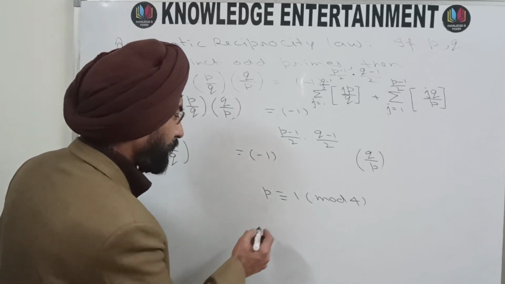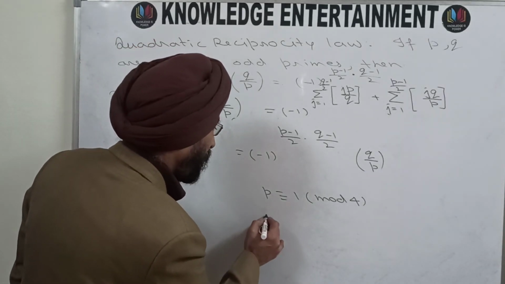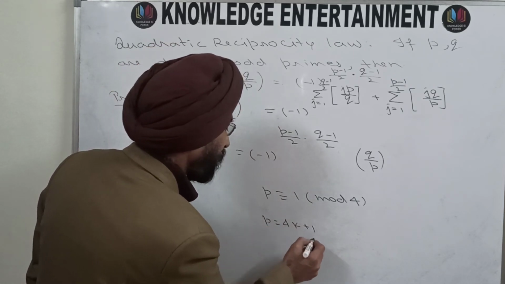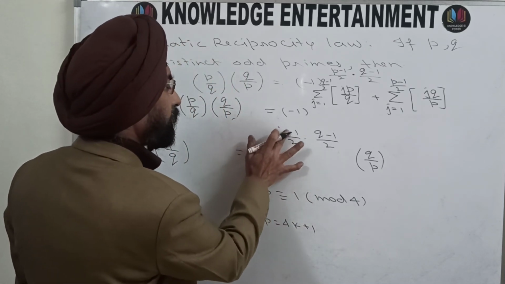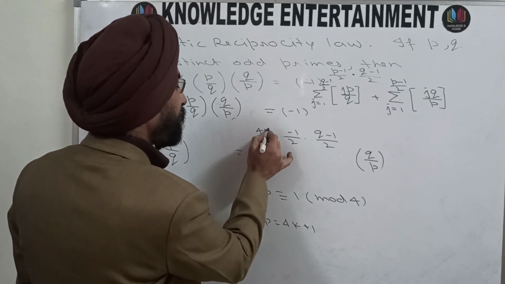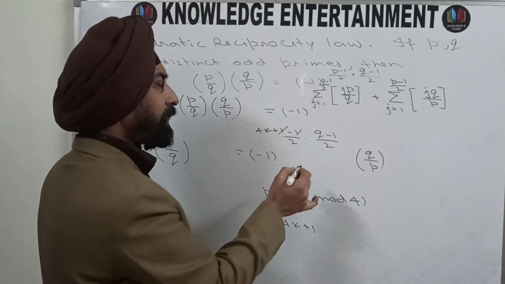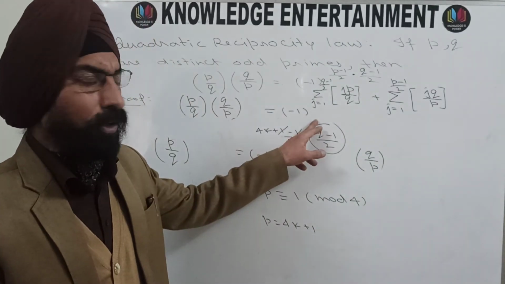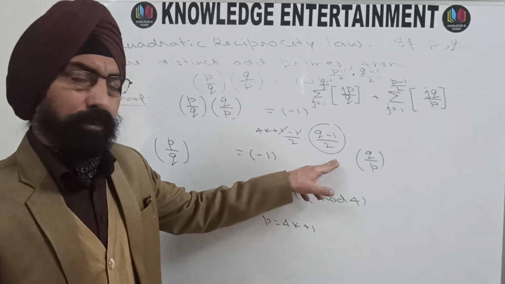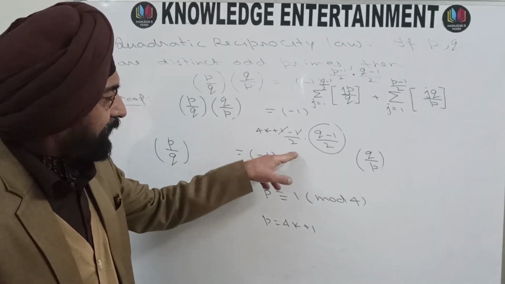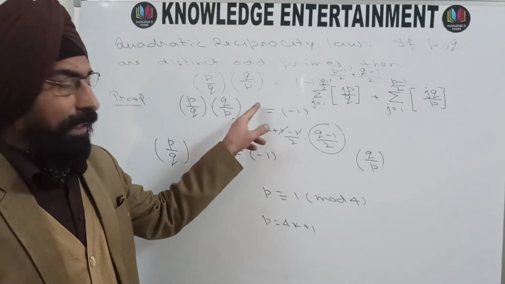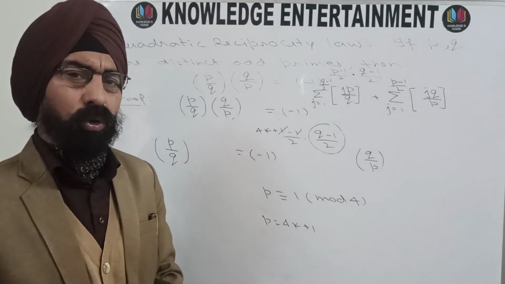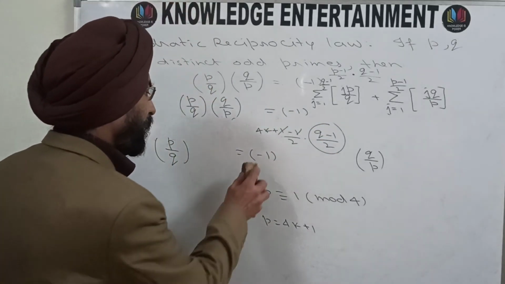Then p will be equal to 4k plus 1, and substituting p here, this 1 will be cancelled. This (q minus 1)/2 is an integer because q is an odd prime: odd prime minus 1 is even, divided by 2 is an integer. And this is also even. An even number into an integer is even, so this whole portion will be an even number, and minus 1 raised to the power even number will be 1.